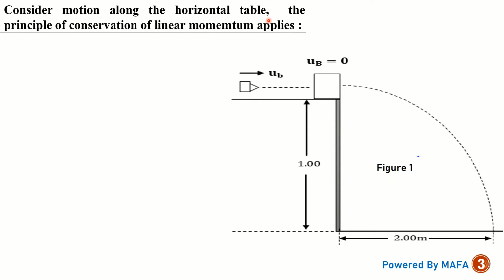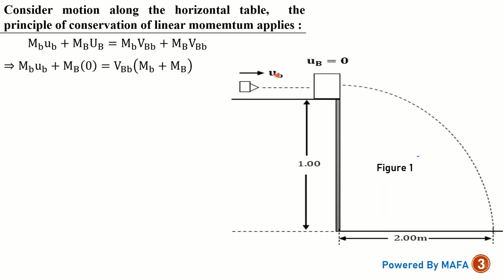So applying the principle of conservation of linear momentum along the horizontal table, we have the initial momentum of the bullet plus the initial momentum of the block equal to the final momentum of the bullet plus the final momentum of the block. Now, since initially the block was at rest, its initial velocity is 0, as I previously said.